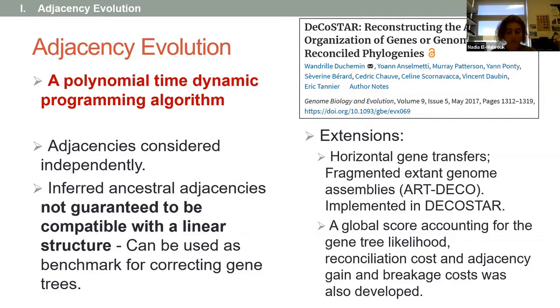So the algorithm infers a set of ancestral adjacencies. Okay, but if we want to infer segments, we have to put the adjacencies one after the other, but there is no guarantee that all these adjacencies end up in a linear order. While this can be seen as a drawback of the method, actually the authors use it as a property, as a benchmark for correcting gene trees.